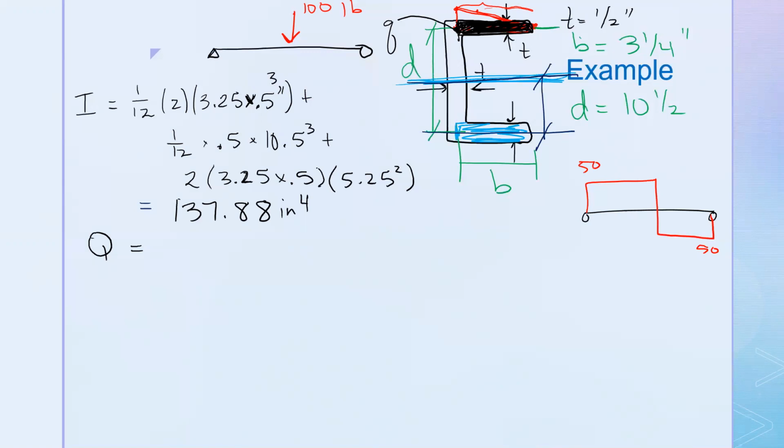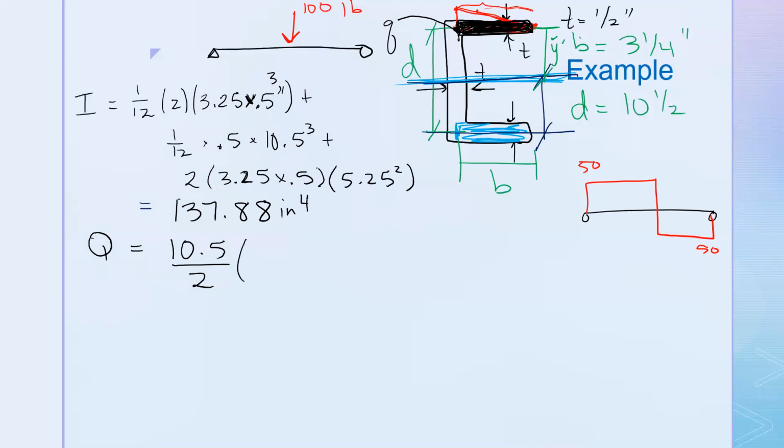Our y bar prime is the measurement from the centroid of that flange to the neutral axis. So that dimension is going to be half of 10.5. So 10.5 divided by 2.